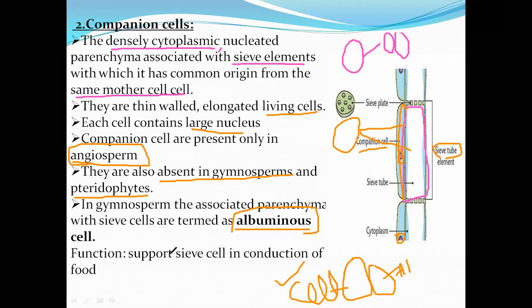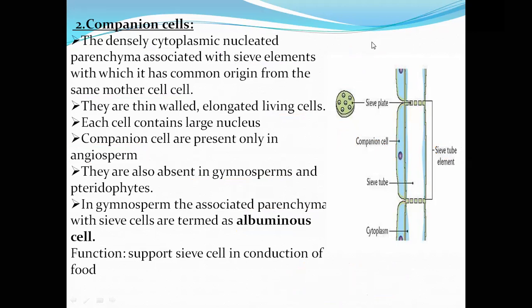So here, the function of a companion cell is to support the sieve cell in conduction and transportation of food material. Clear? So this is about the companion cells. One more thing to remember, this is a sieve plate here.